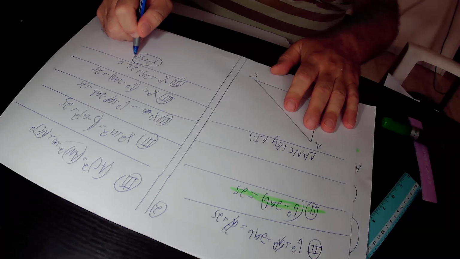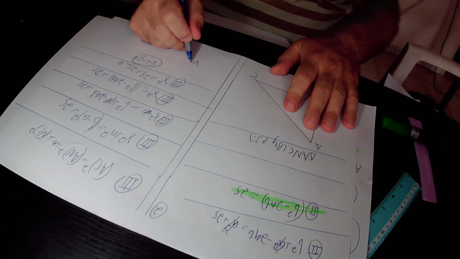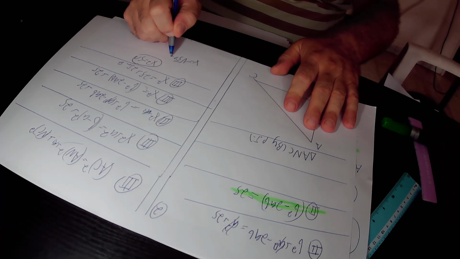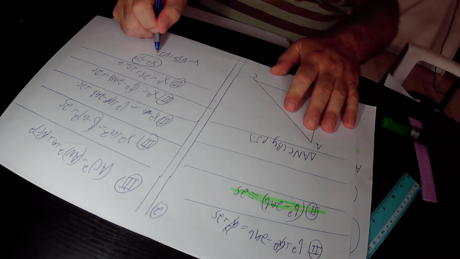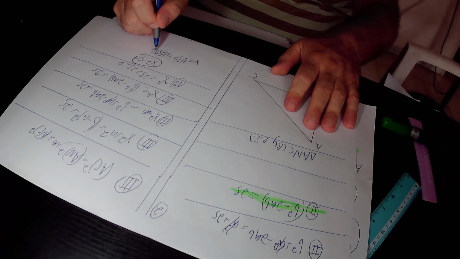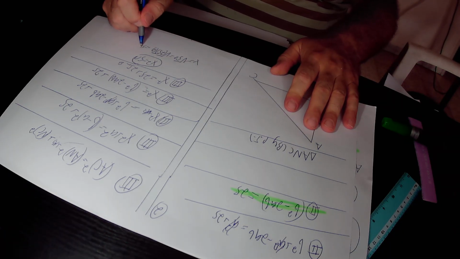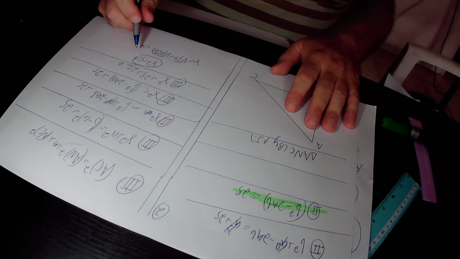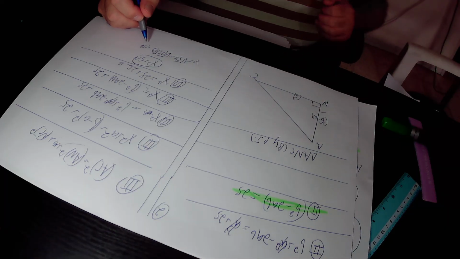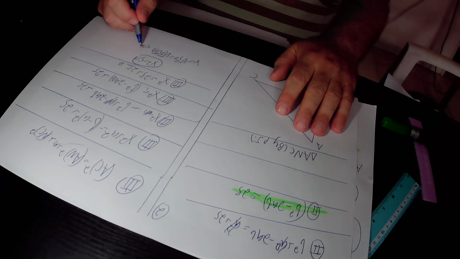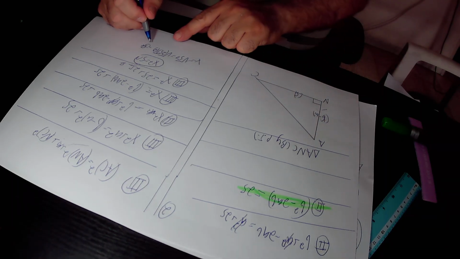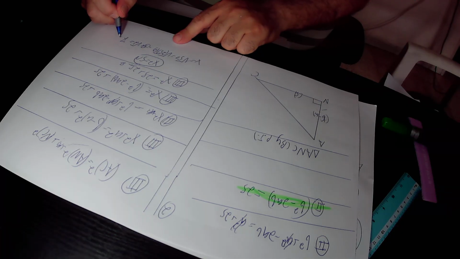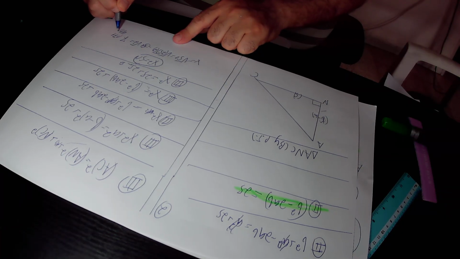We take the square root of this equation and get that x equals the square root of 50. 50 is 25 times 2, and the square root of 25 is 5. So in total, this expression equals 5 times square root of 2, which is 7.071 units.